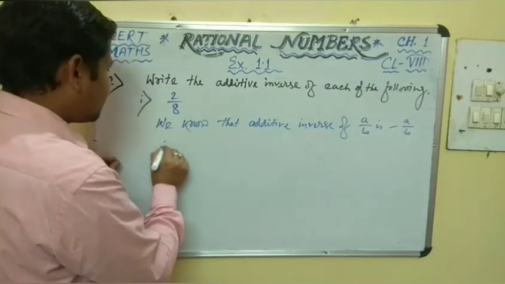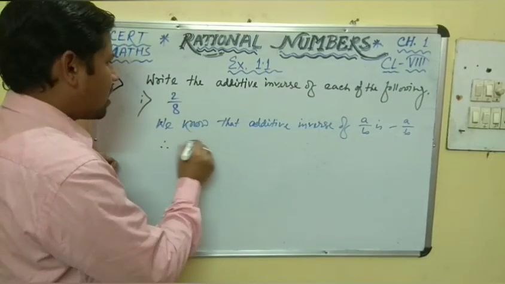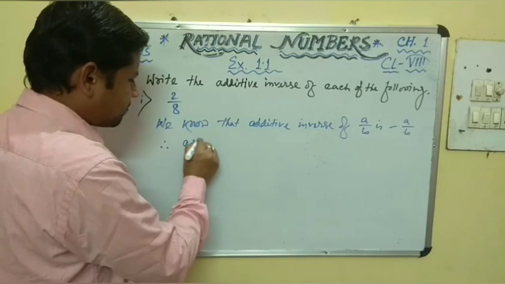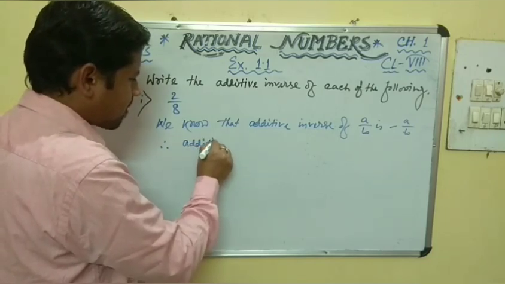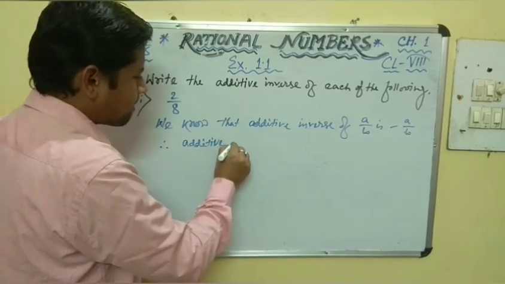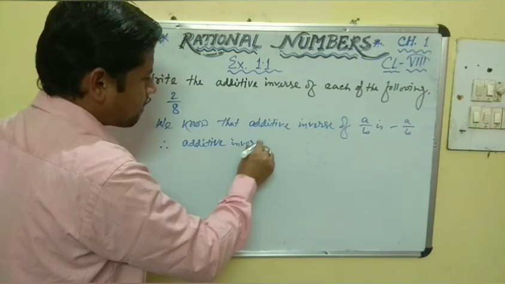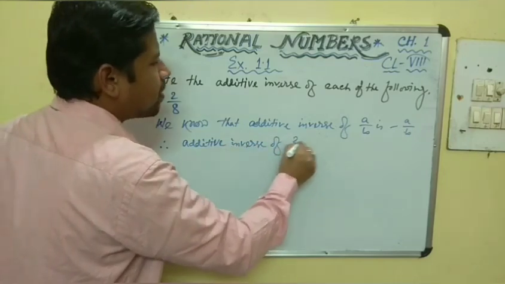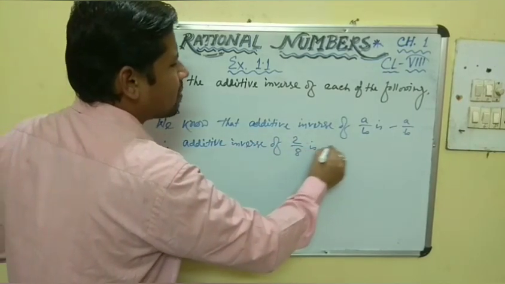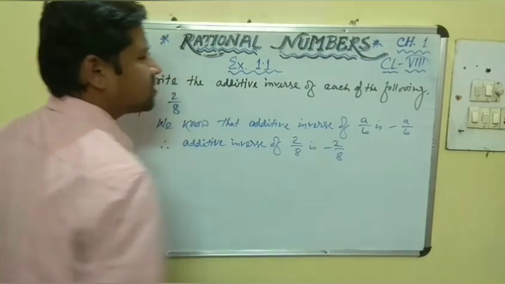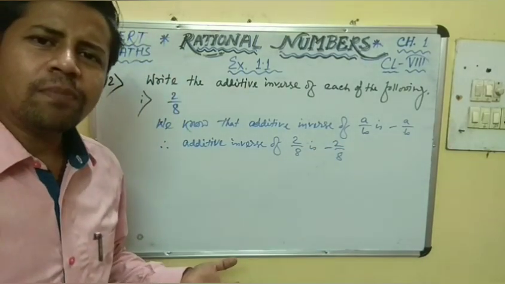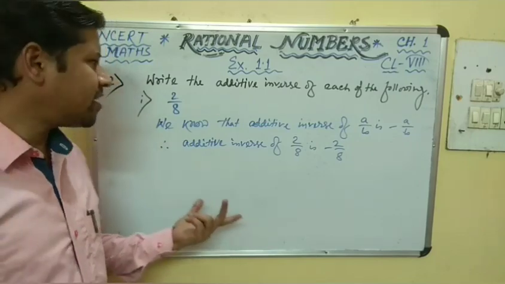So therefore, additive inverse of 2 by 8 is minus 2 by 8.